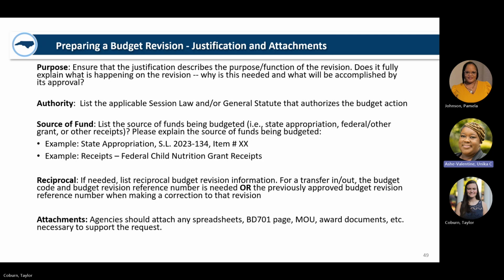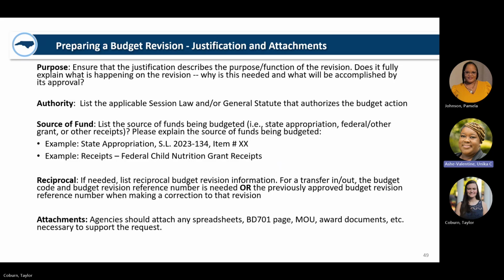In the budget revision, agencies must have complete justification. This is a template of how agencies will need to complete their justification in the new fiscal year. This template will help OSBM better understand what the agency is trying to do in the revision. The purpose: agencies will need to explain what is happening in the revision.